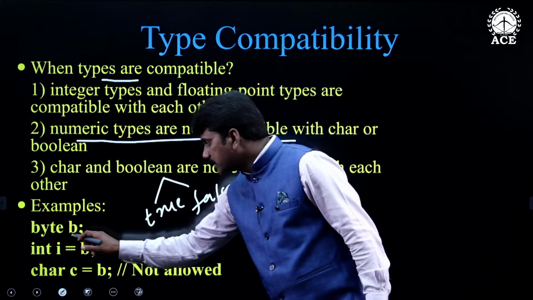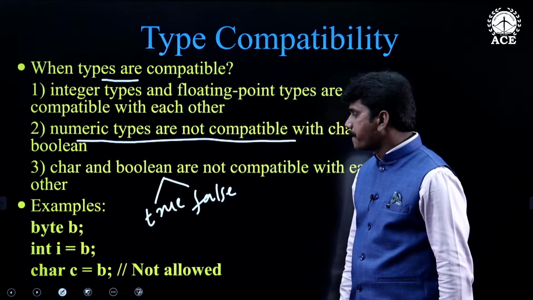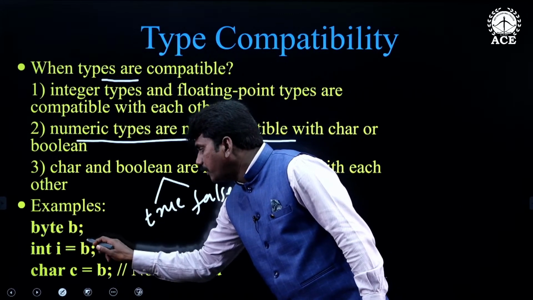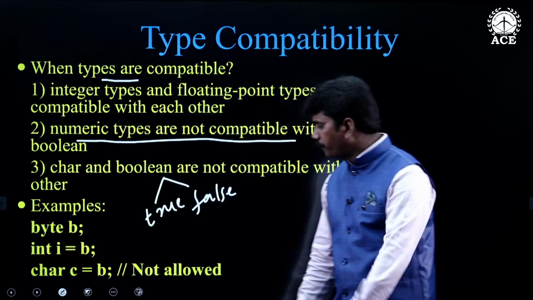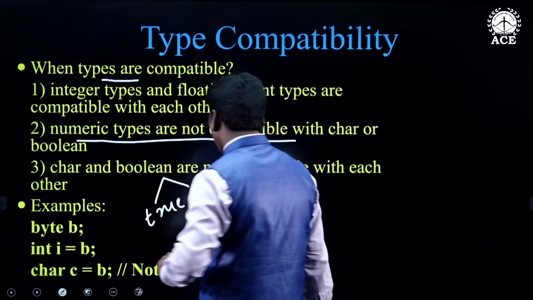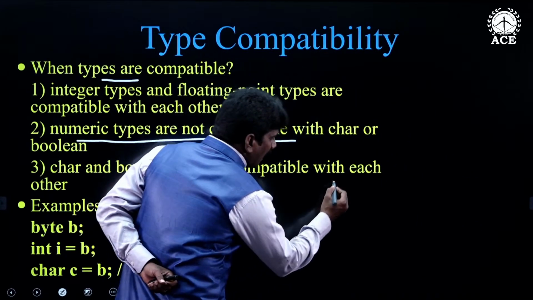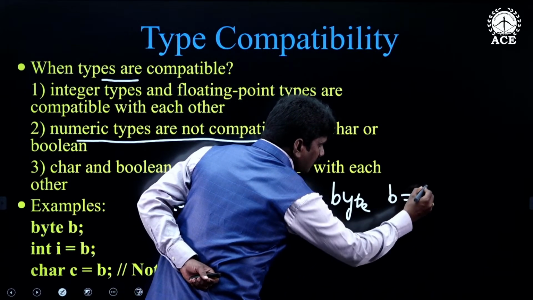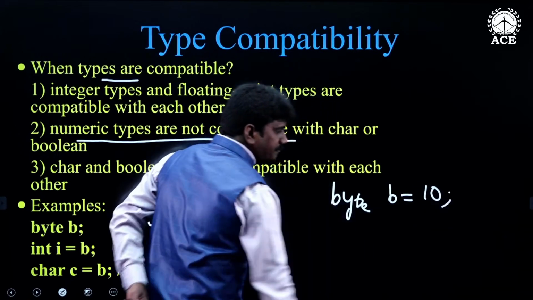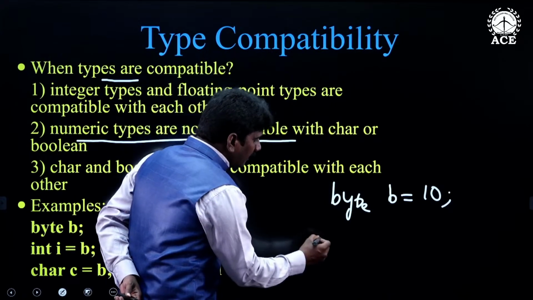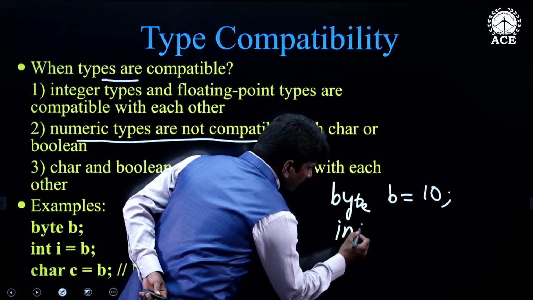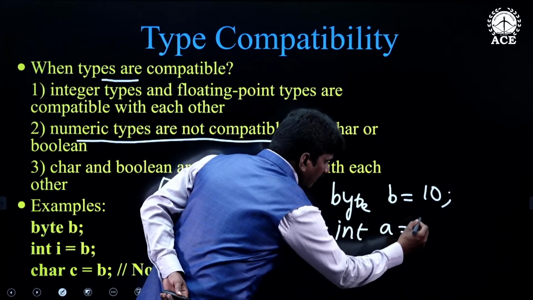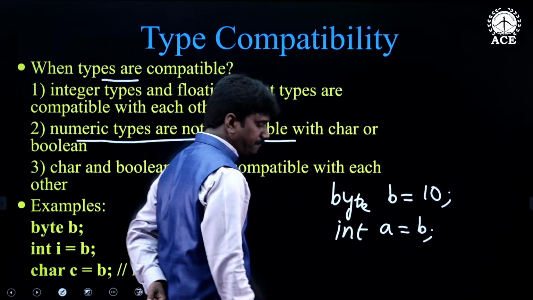Now let us see byte b, and whatever byte value we are having, we are going to store in the integer. For example, let us say byte b is equal to some value 10, and then I would like to store this variable b in another variable, like a is equal to b.